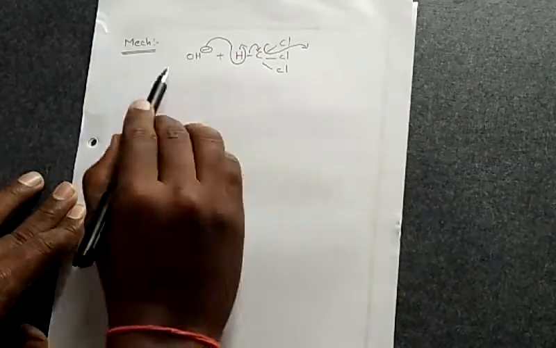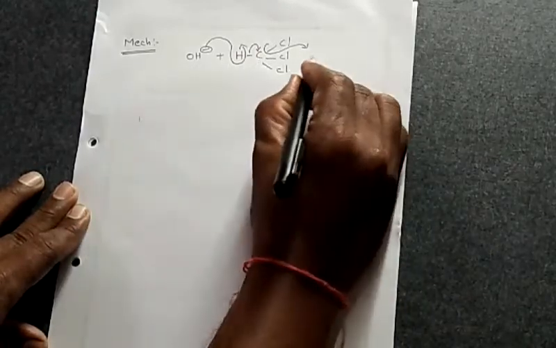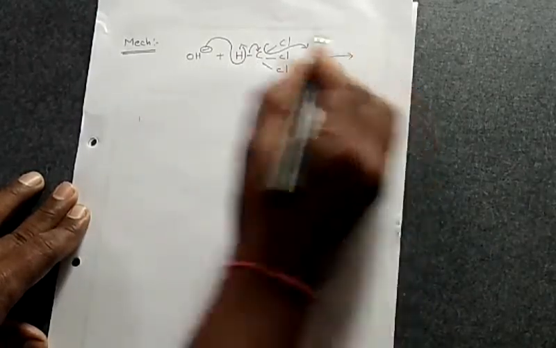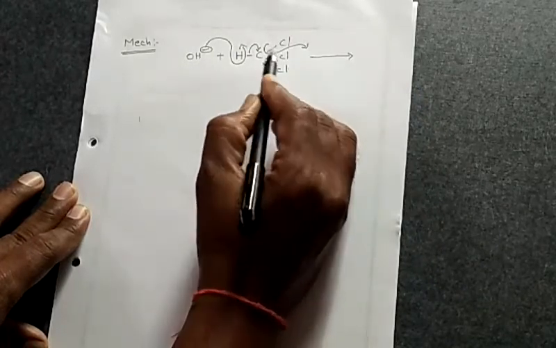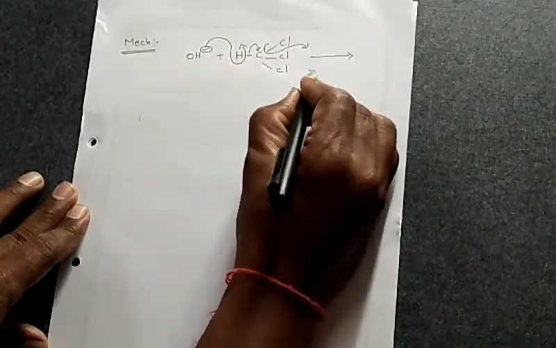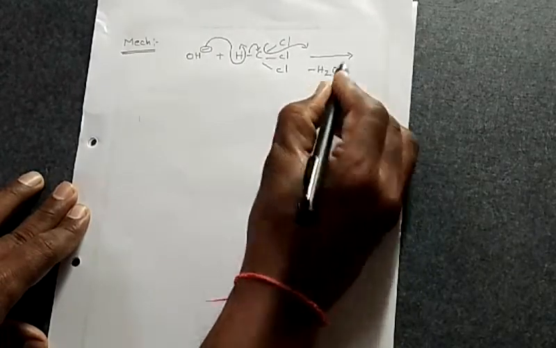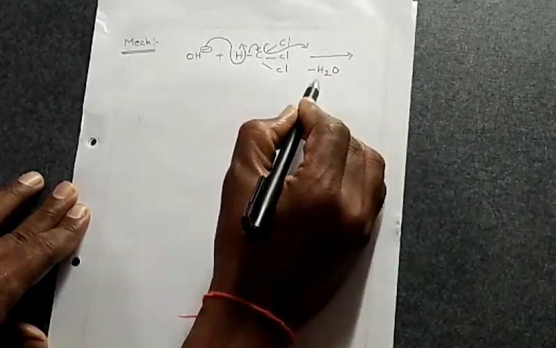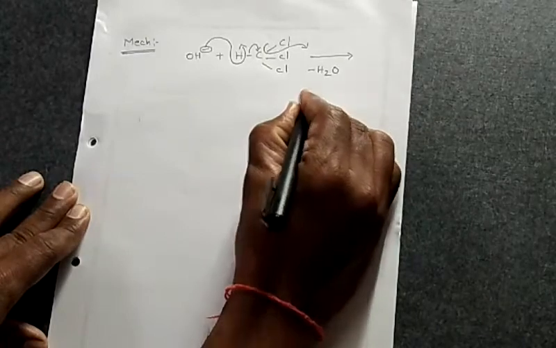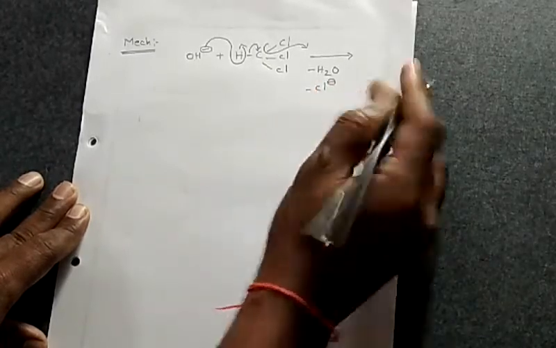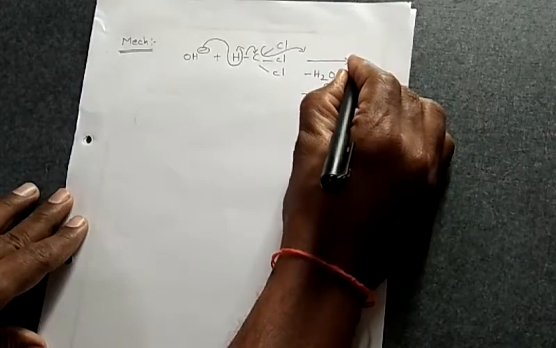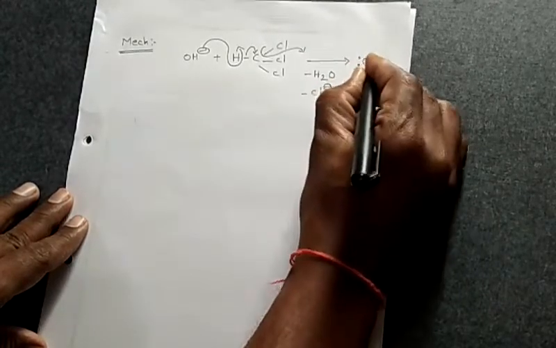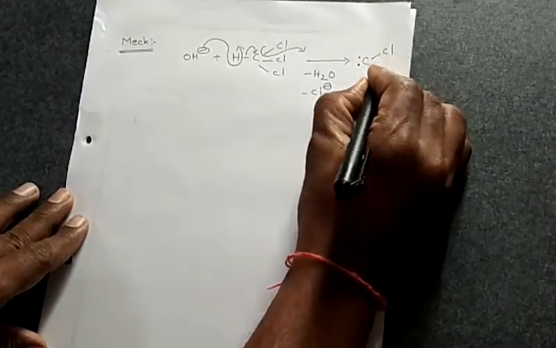So two things are happening simultaneously. One, the removal of H plus ion as well as the removal of Cl minus also. Thereby, the water molecule is removed, the OH minus and H plus leave as water, and the Cl minus also leaves the system, which results in the formation of dichlorocarbene, CCl2.